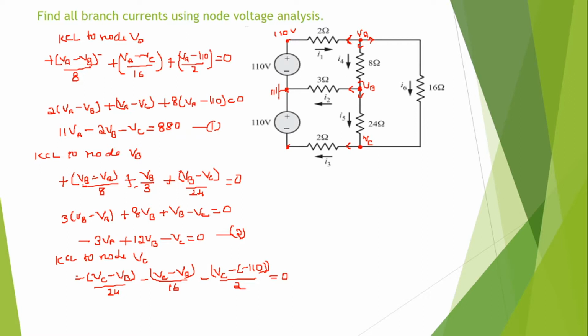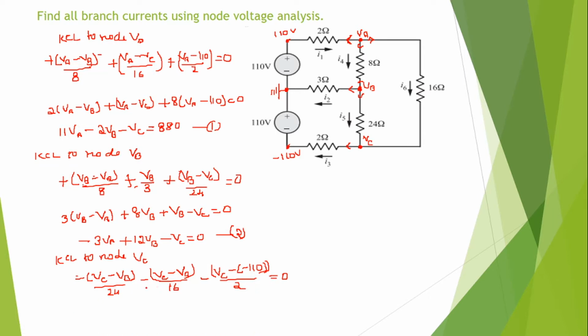While tracing a path from the reference to this point, there is a source voltage in this path, which is falling. So 0 minus 110 is this potential. So this is minus 110 volt. So now (VC minus 110) divided by 2 is the current flowing through this.